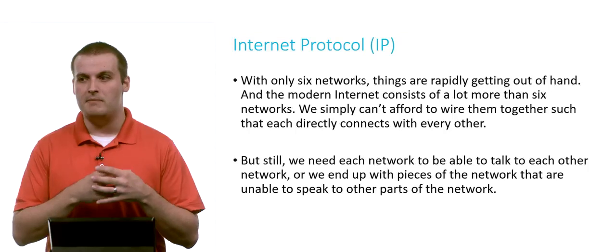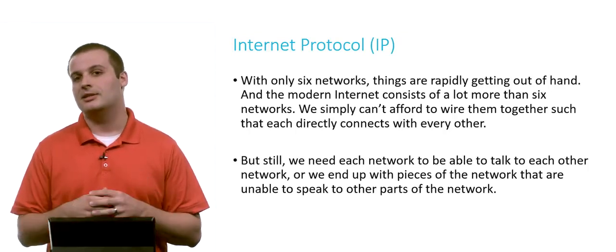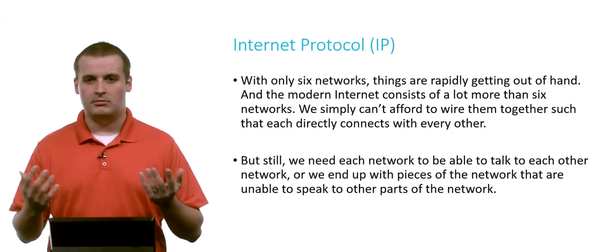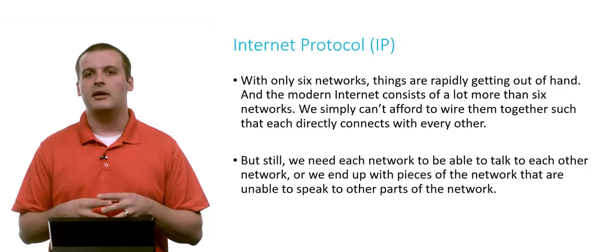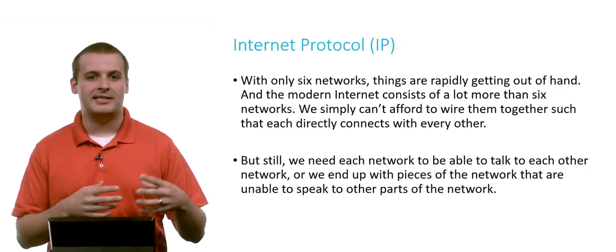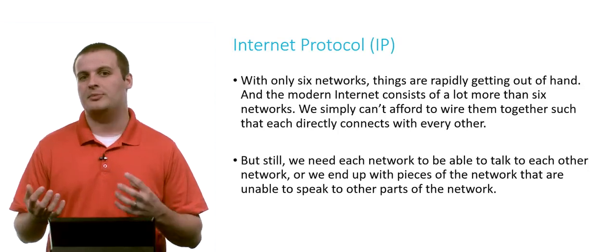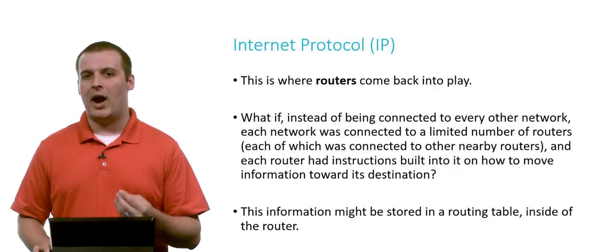We don't want to send 1 million wires across the ocean because they cost millions of dollars a piece to lay down. And so rapidly, we wouldn't be able to afford the internet anymore. So we have to have another way for every network to talk to every other network, or else we have pieces of the internet that are disconnected from other pieces of the internet, and that's not what we want. But we don't want to have them all wired together.